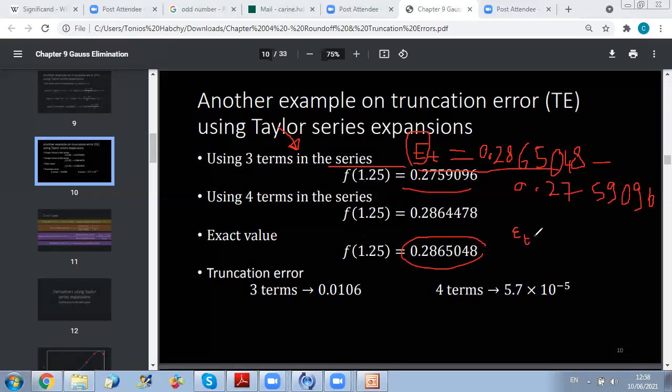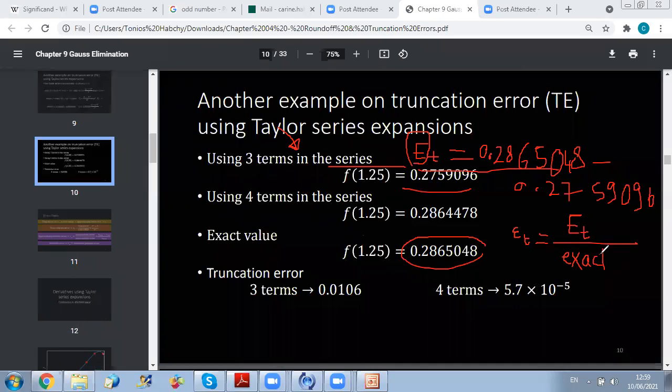So epsilon true is equal to the difference between the exact value and the value we got from numerical analysis. So if you want, it is equal to the true error over the exact value.